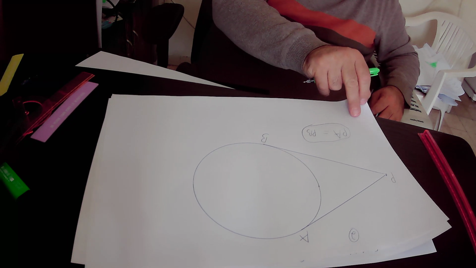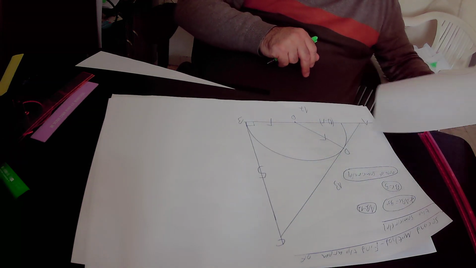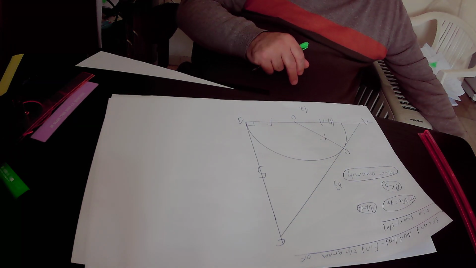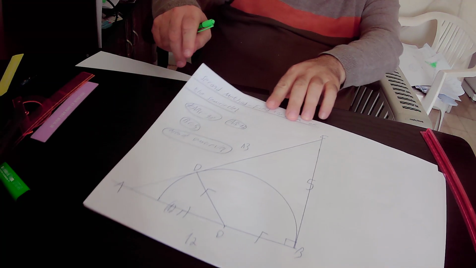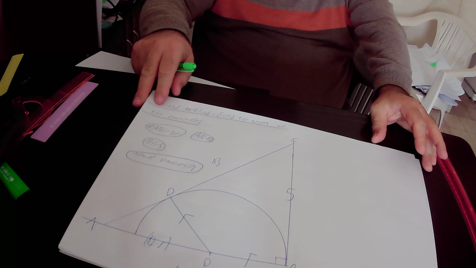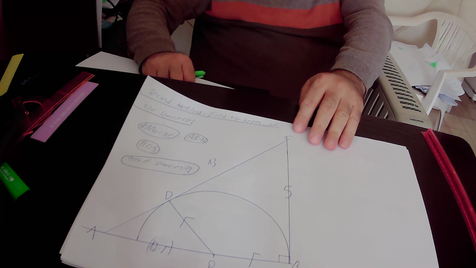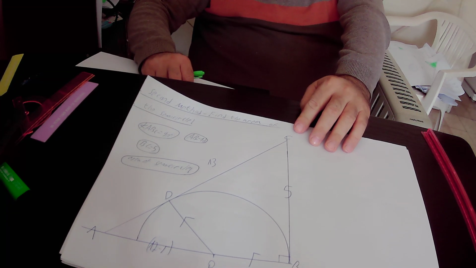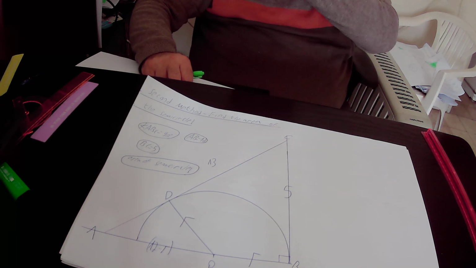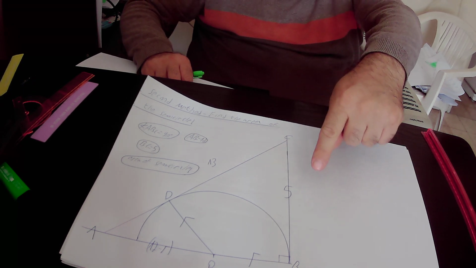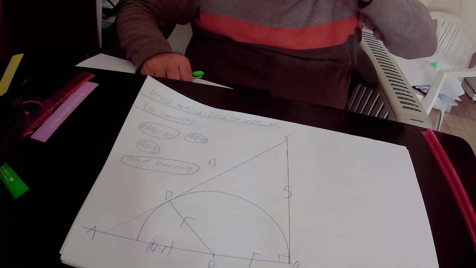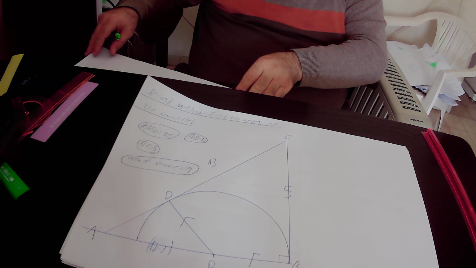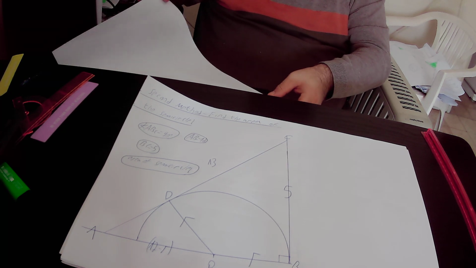So we can implement rule number 2 in our drawing, because in our drawing we have the external point C of this semicircle, and from the external point C we have two tangents to this semicircle. The first tangent is tangent CB and the second tangent is tangent CD.